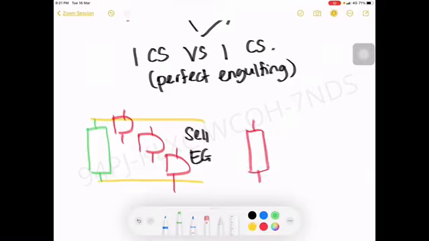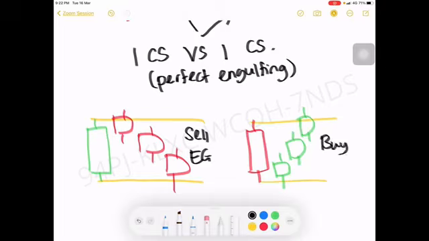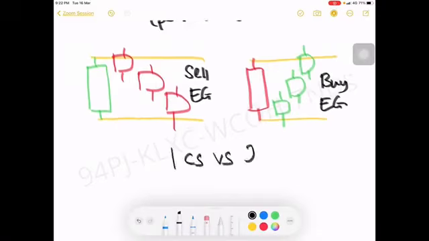There is another one, and you have a red one. Is this clear to you? Yes.